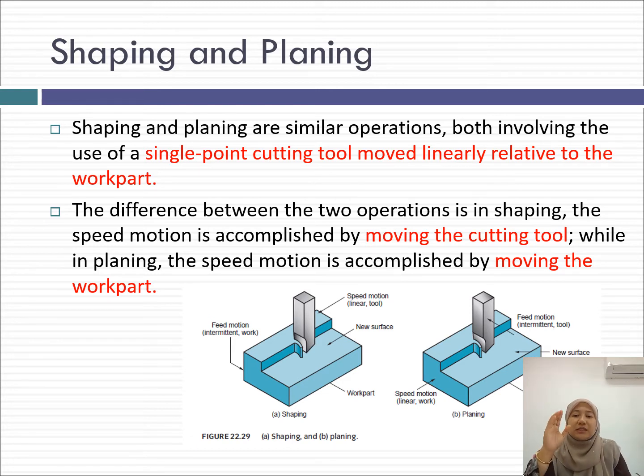So the workpiece is moving back and forth and the cutting tool is in a static position. So it is actually moving forward, cutting, and then goes back to the starting point and cuts again another certain amount of depth of cut.